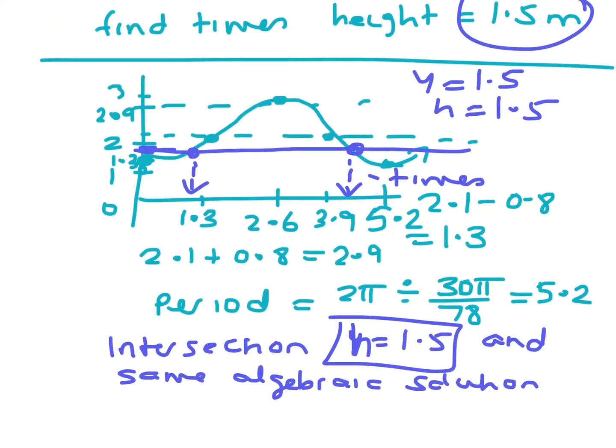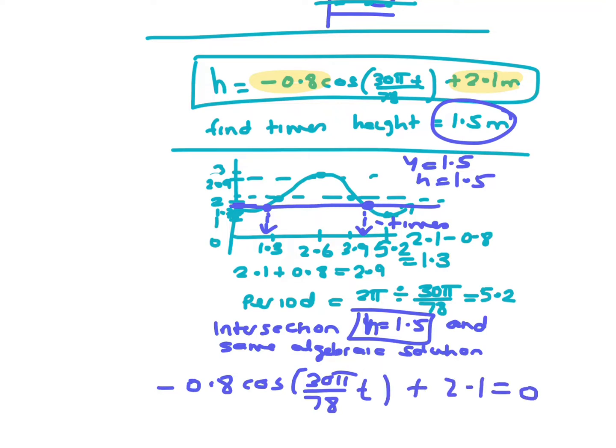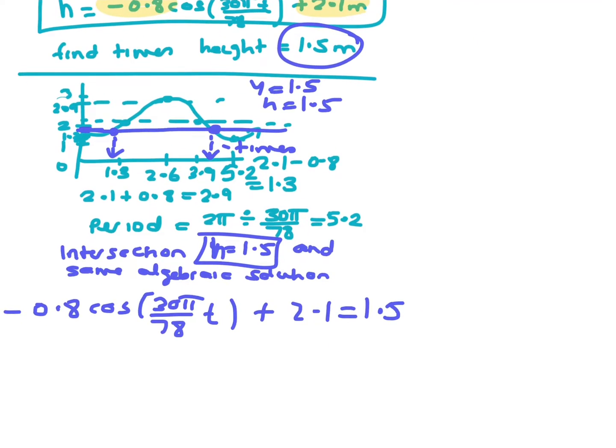That's the same as the algebraic solution when you make your equation 0.8 cos(30π/78 t) + 2.1 equal to 1.5. Okay, so we're just going to look at solving this algebraically.